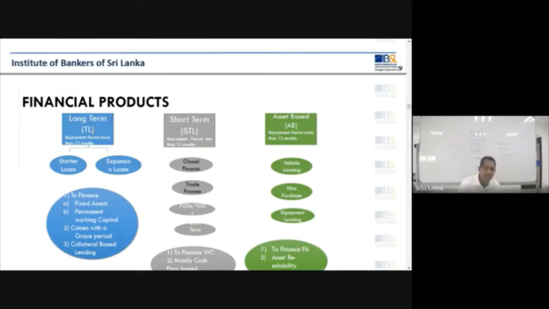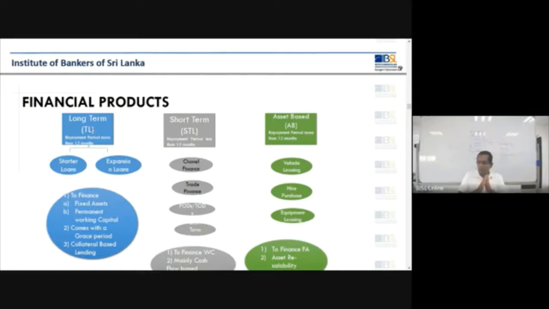From day one, the customer needs to pay the interest. Only capital can be deferred, right? Because banks' bread and butter is interest income. We sell cash, we sell money, we need to earn a return, right?